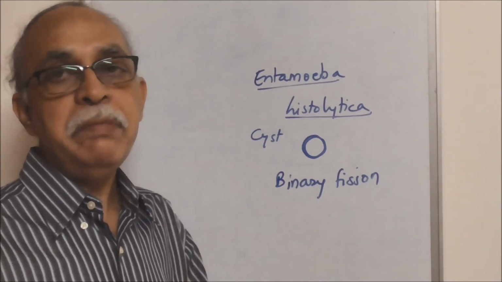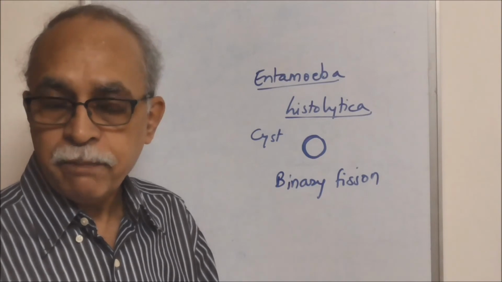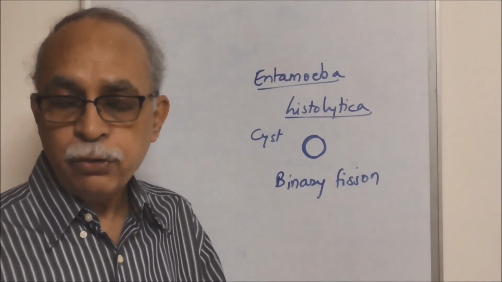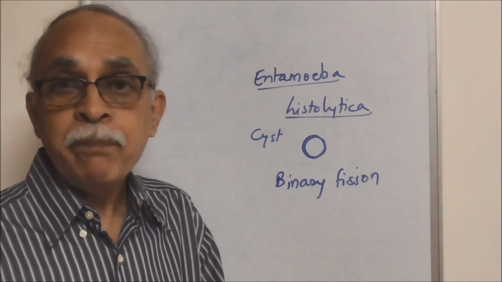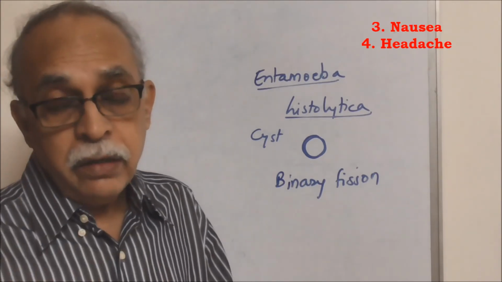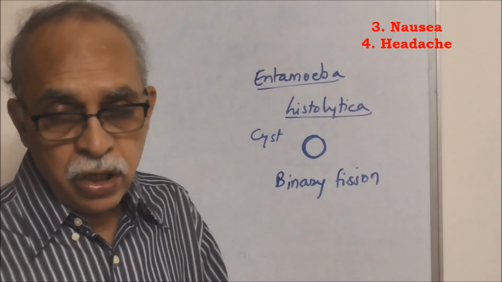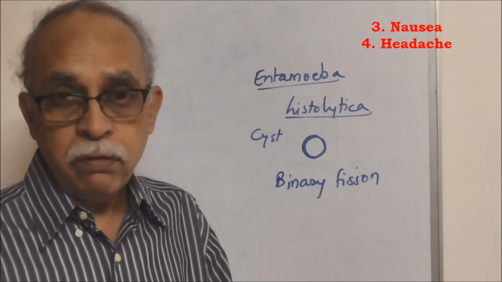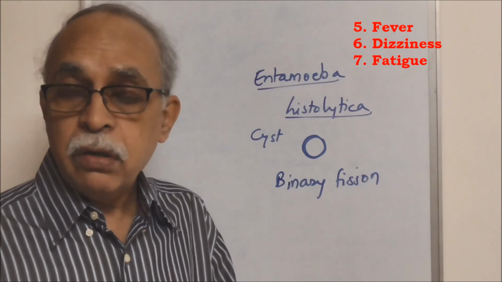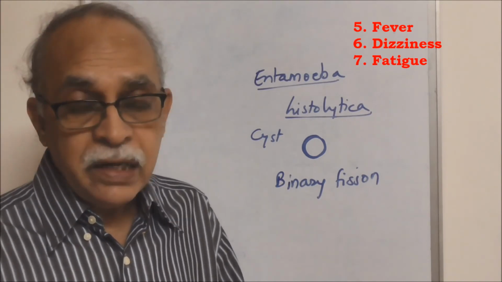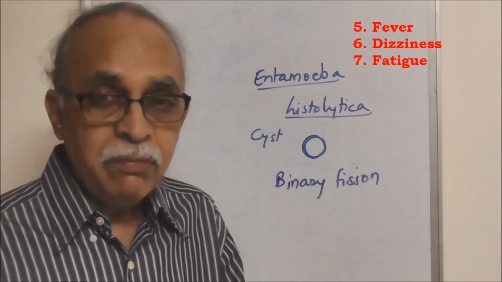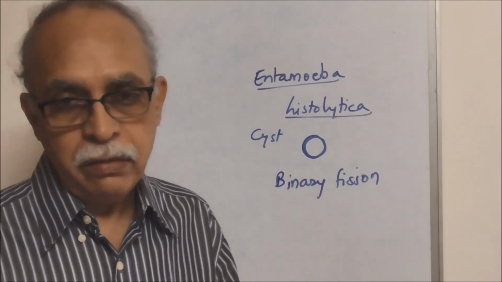The infected human may die because of the infection. The symptoms, as I said, are diarrhea, bloody diarrhea, neurological symptoms. Then later on, it may lead to nausea if it enters the liver. It may lead to headache, a feverish state, dizziness, fatigue, and in the extreme condition, it may even lead to death.